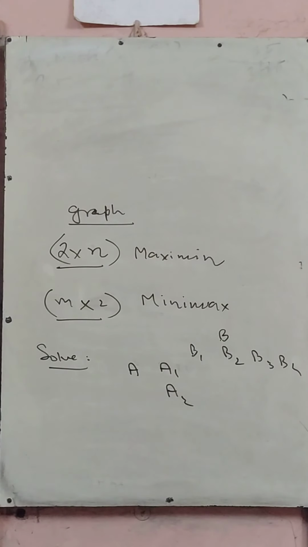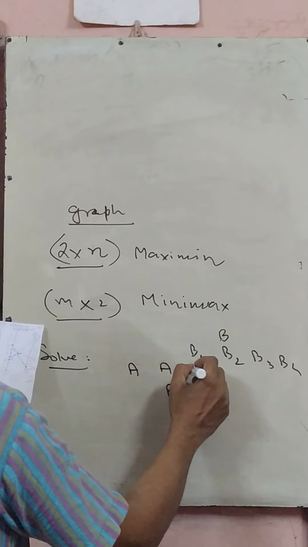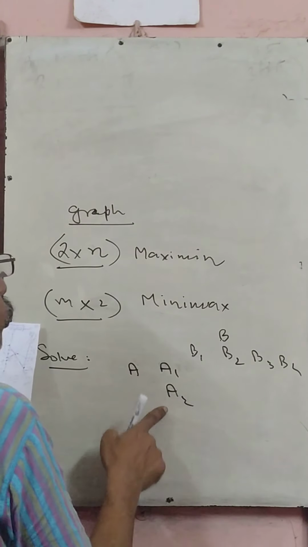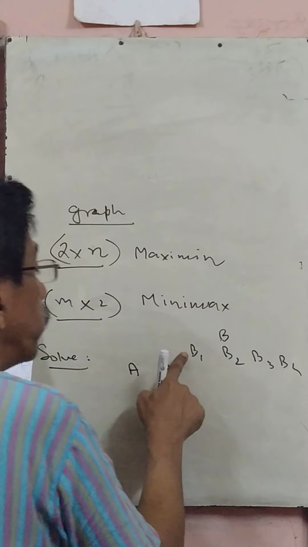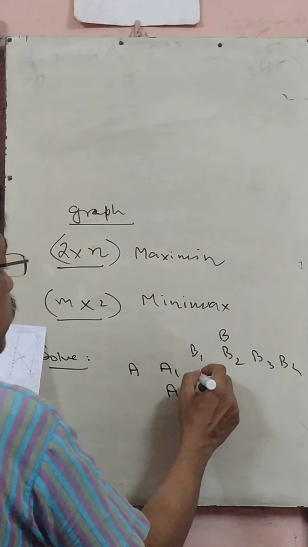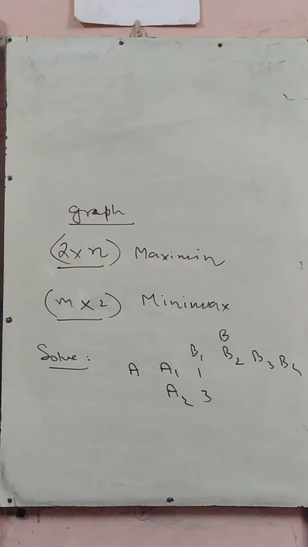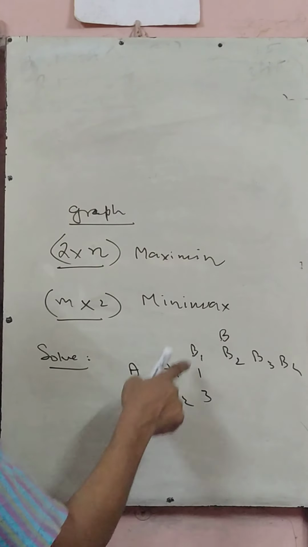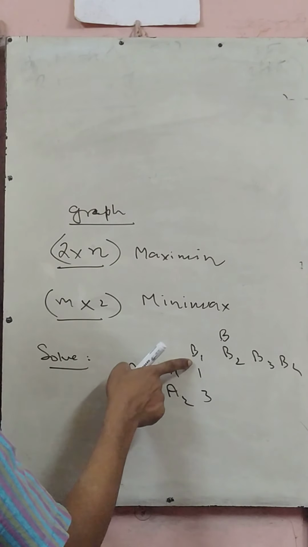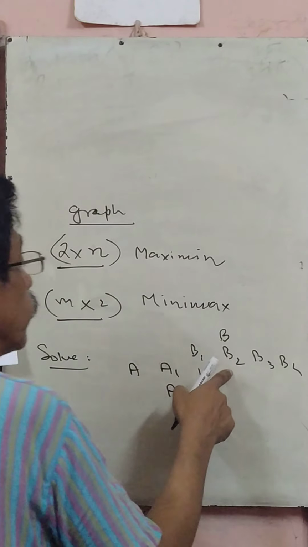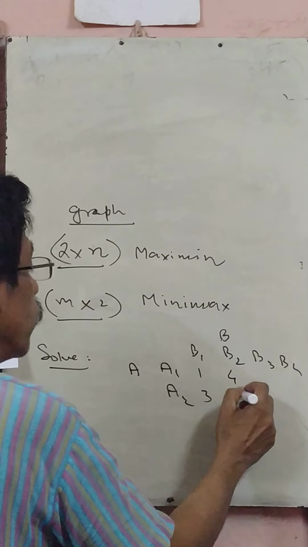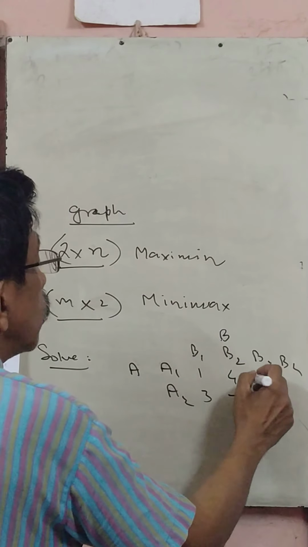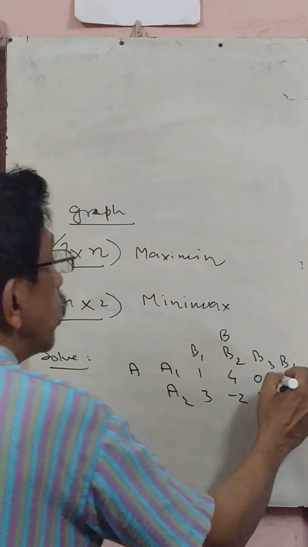For B1, A1 and A2 have these 2 values: B1 is given as 1, 3. So A has taken either A1 or A2, and B1 has 2 values, 1 and 3. For B2 it is given as 4, minus 2, then B3 is 0, 7, and B4 is 3, 1.